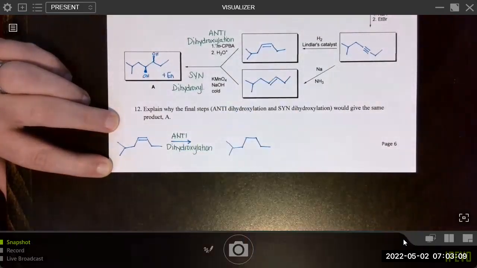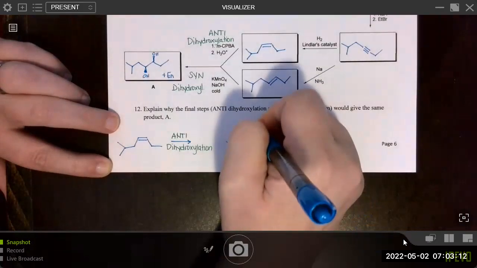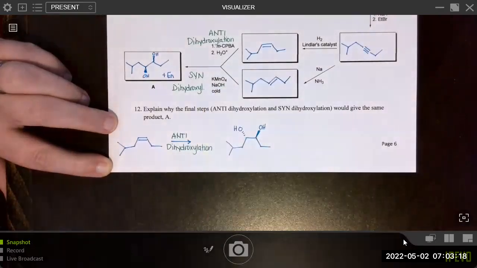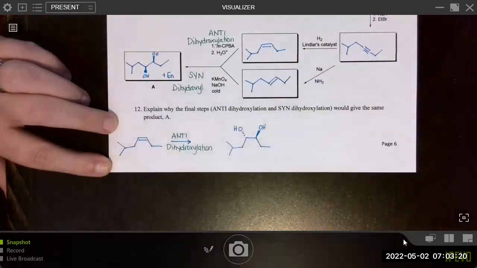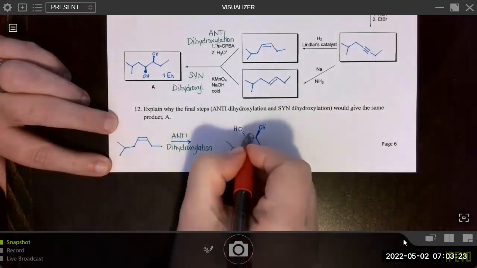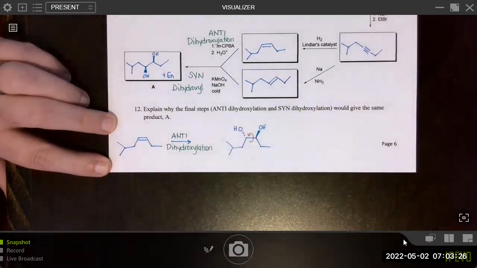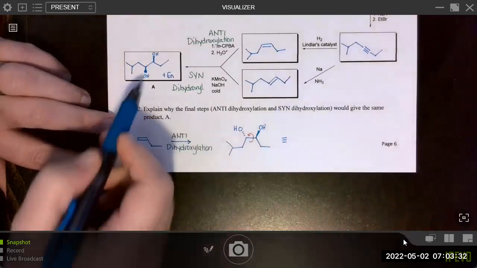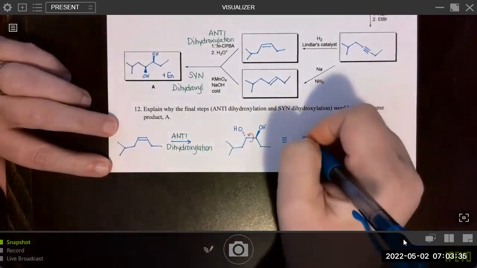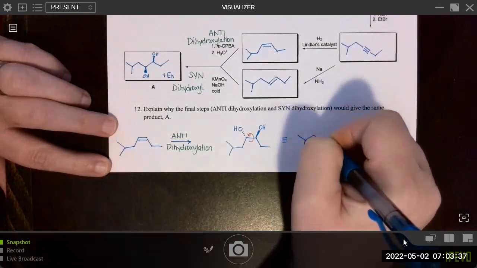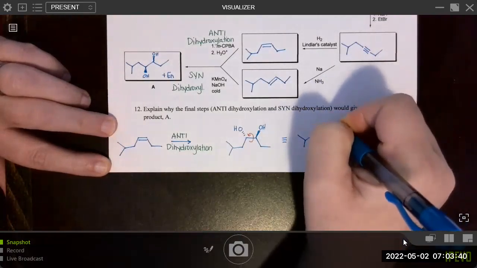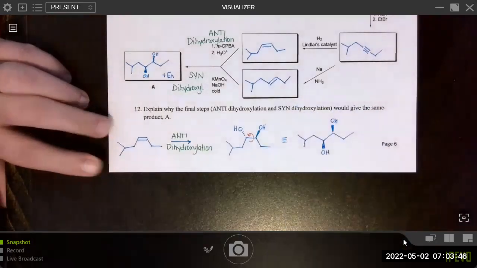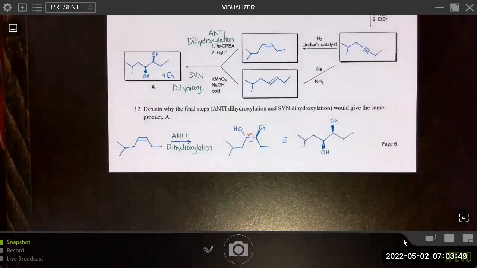And then I'm going to add in the OH groups anti to each other. So one goes up, one goes down. Right? And then what I can do is rotate around that bond. And so this is equivalent to what we drew up here. Okay, so that's why it's the same.